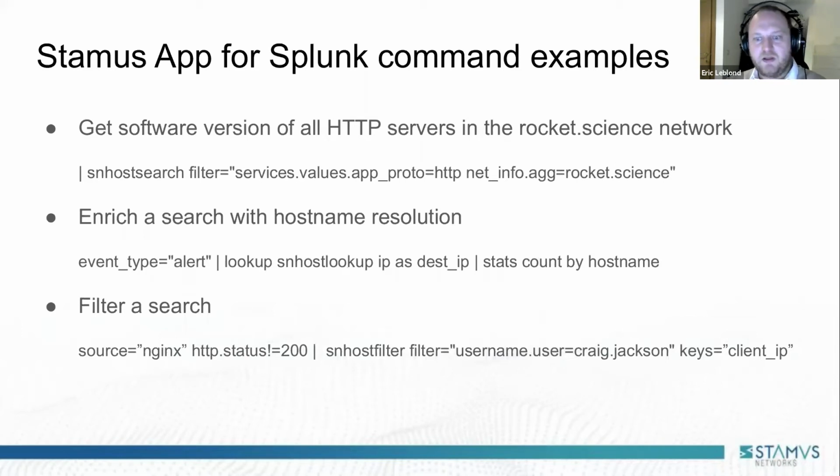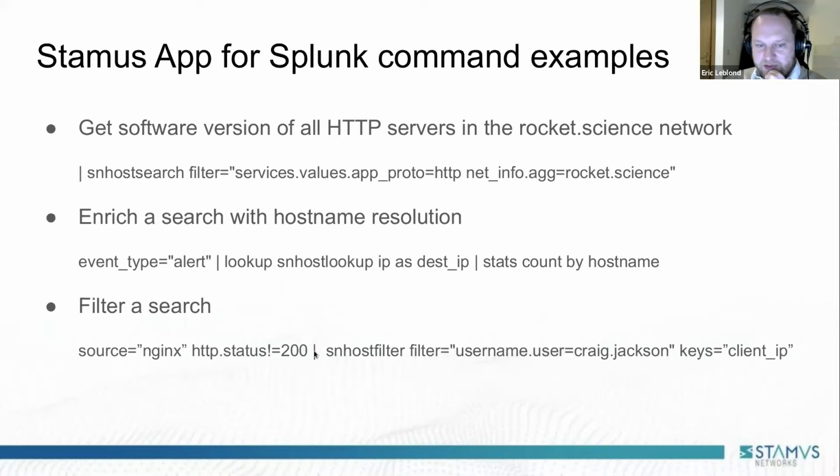One other really interesting thing that you can do is the SN host filter command, which allows you to filter on just the events you want from any source. So here, for example, I want the source to be the Nginx HTTP or HTTPS server. I want the HTTP status not to be 200 because it may be a problem.